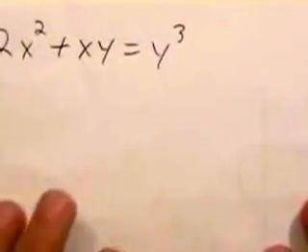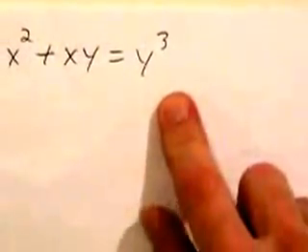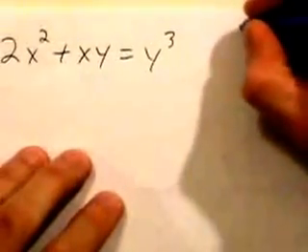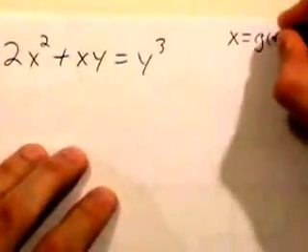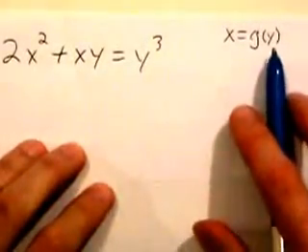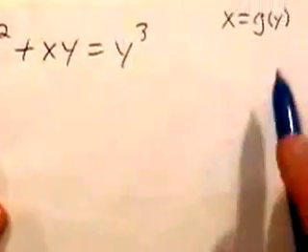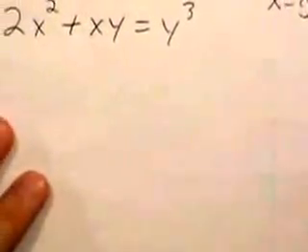What would we do if I give you this and I say, don't regard y as a function of x, but regard x as a function of y? So what's going to happen if x is, say, g of y, right? y is the variable, x is the function. So what I want is dx dy in this case.